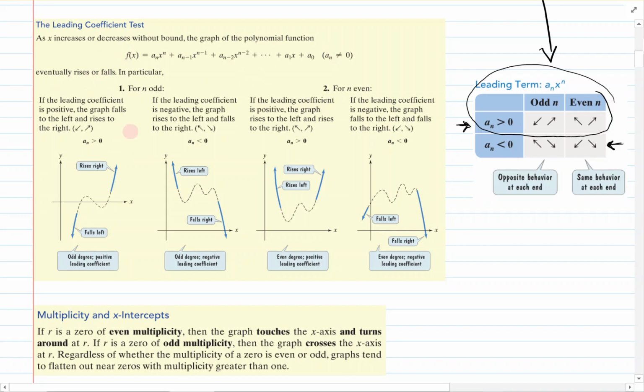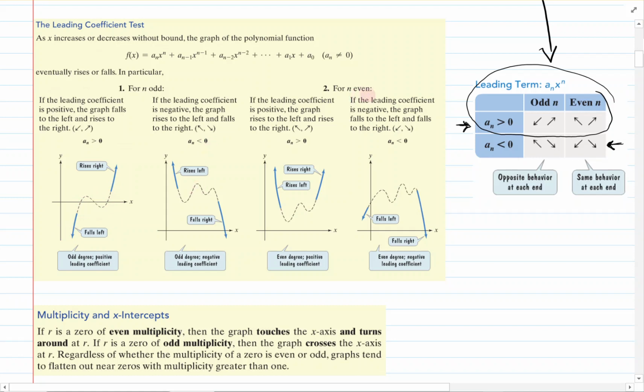So it is showing that if n is odd degree, degree 1, degree 3, degree 5, it's going to go down on the left and up on the right. I'm not sure what's going on in here, but I do know what's happening on the ends. If a is negative, if the leading coefficient is negative, it flips over.